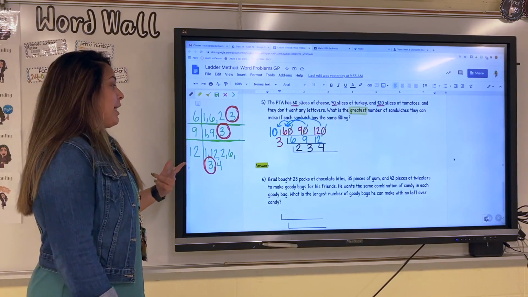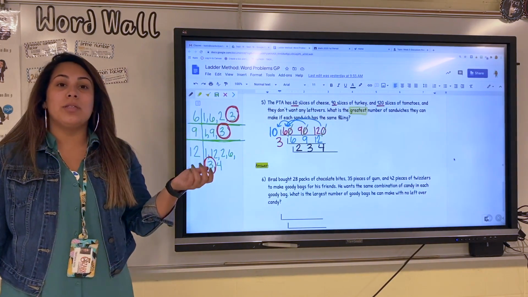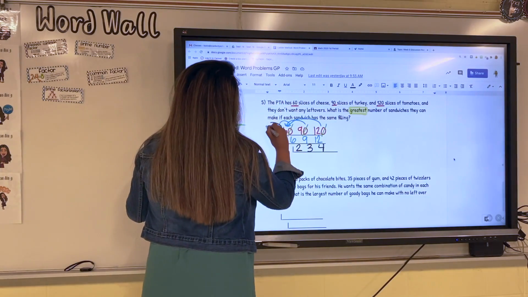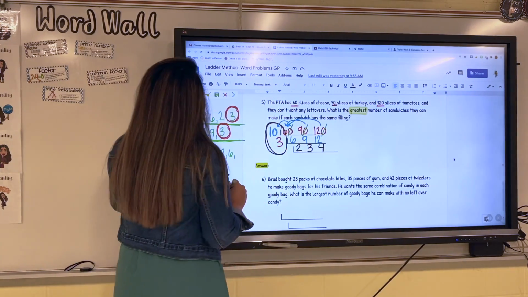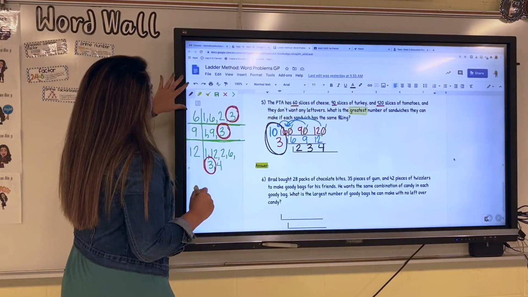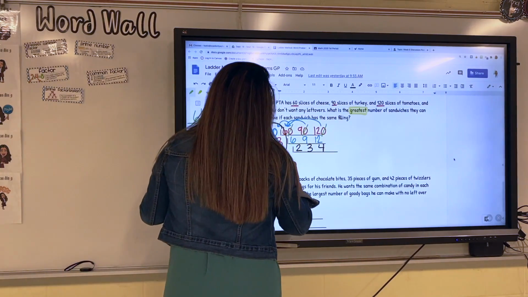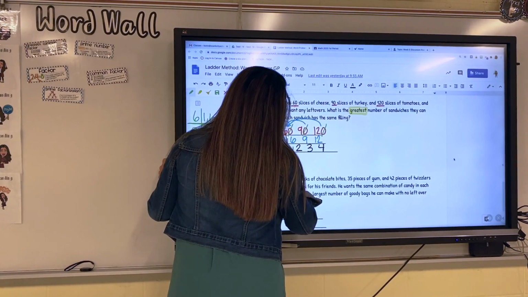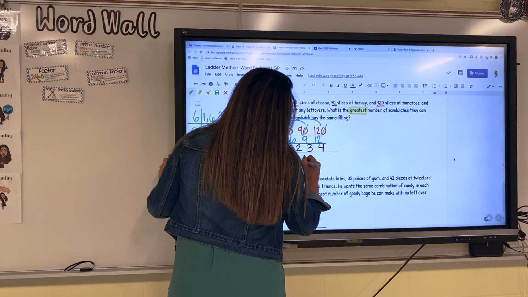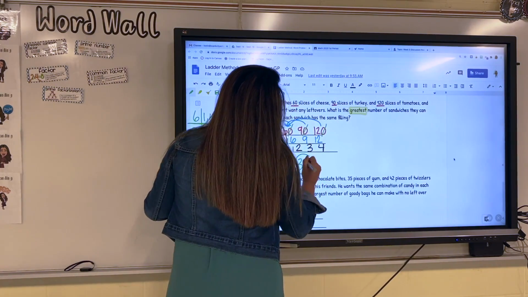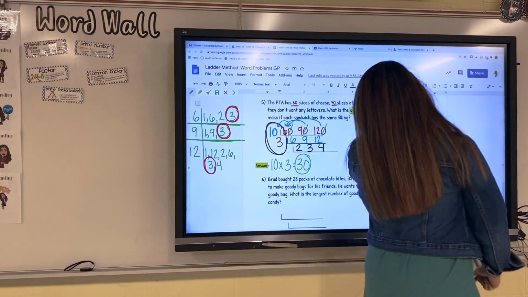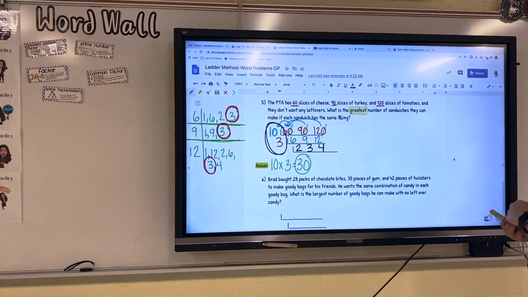So we're done factoring. Now we're going to multiply our numbers on the side and figure out what our greatest common factor is. So our GCF is 10 times 3, which is 30. I'm going to write my statement on this side, just because I write really big.